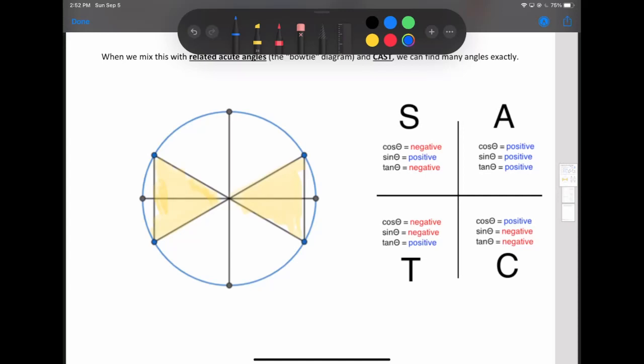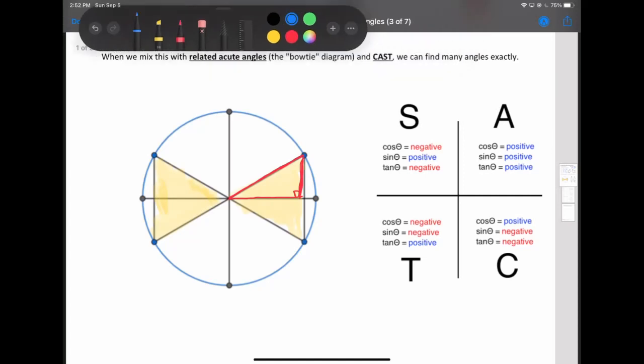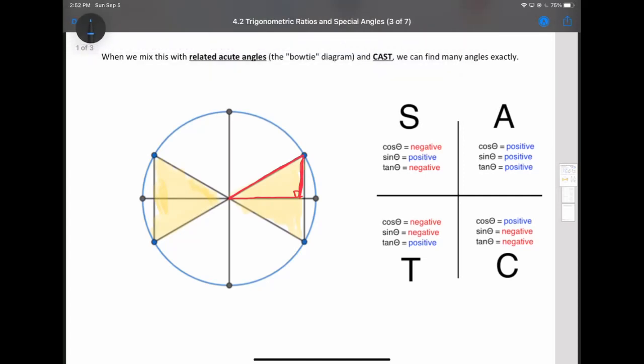The reason they're called related acute angles is because if we take an acute angle, I'm going to focus on one particular triangle in the first quadrant here. There's a 90-degree triangle, a right-angled triangle. Let's pretend that that's theta.